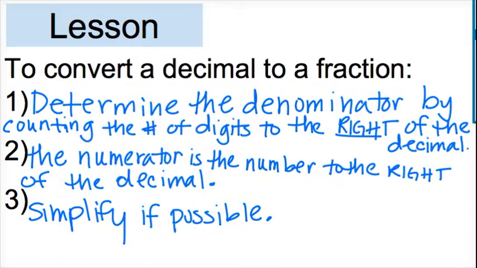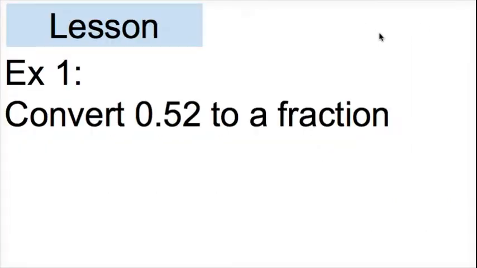All right, let's take a look at some examples. Example 1, convert 52 hundredths to a fraction. Step 1 tells us for the denominator, we count how many digits are behind the decimal. If I have 2 digits, that means my denominator is going to be 100. For each digit behind the decimal, we have a 0 in our power of 10.